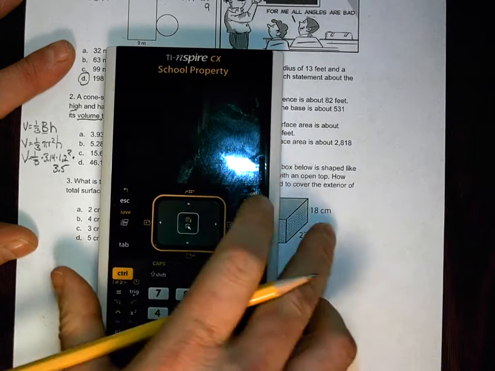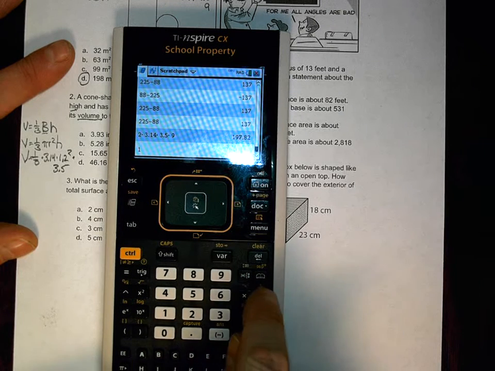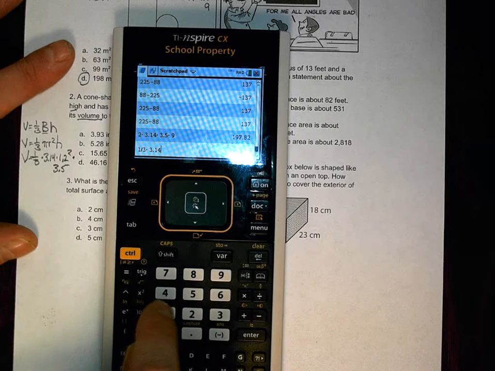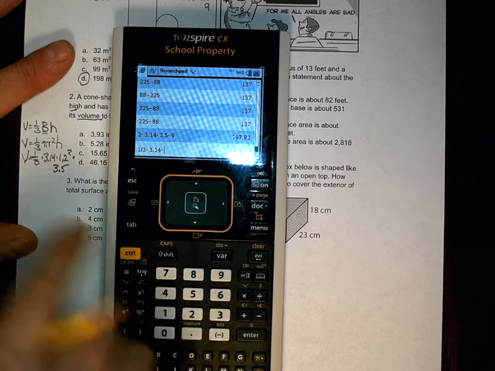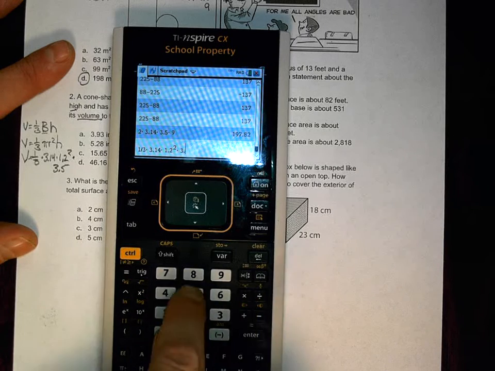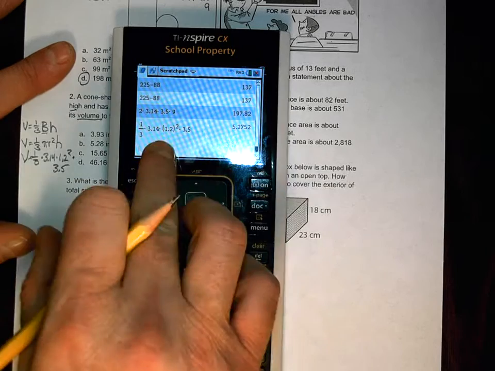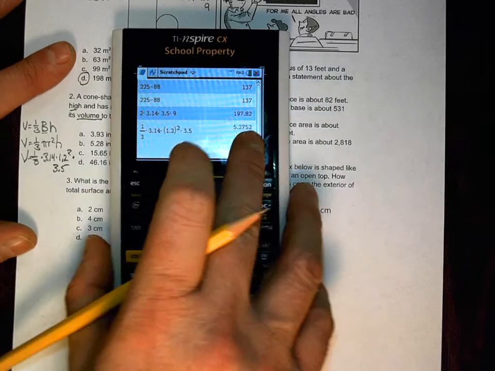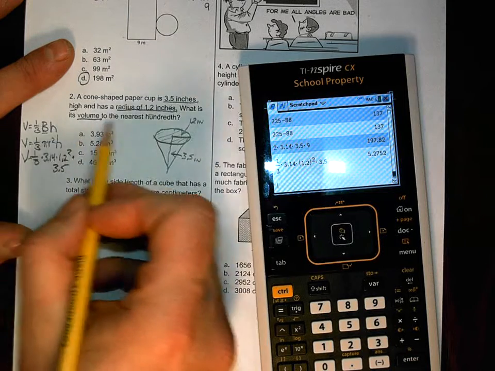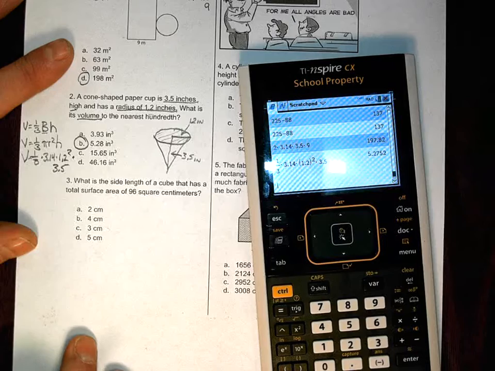Now put that all in the calculator. 1 divided by 3 times 3.14 times 1.2 squared times 3.5. I hit enter. You'll notice the equation looks exactly like it should. I get 5.2752. And since this asks for the volume to the nearest hundredth, it's right there, 5.28, or B.